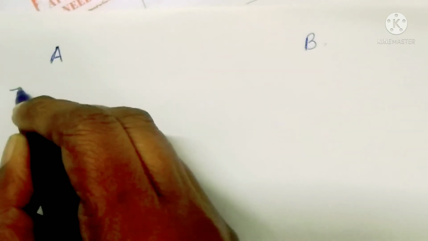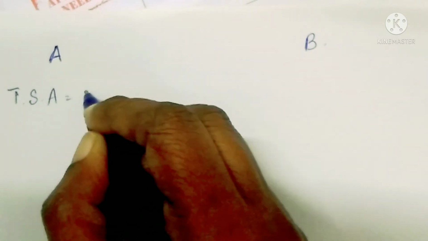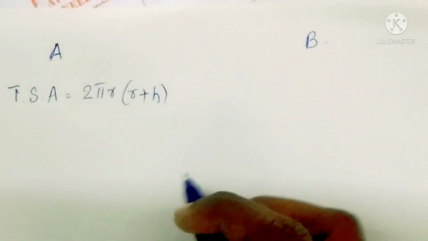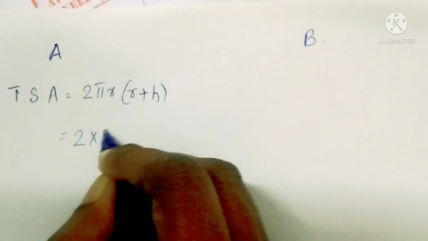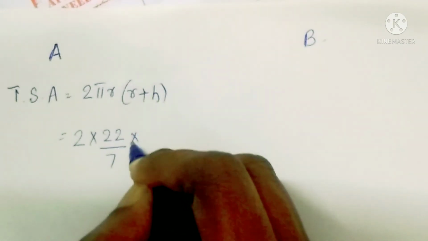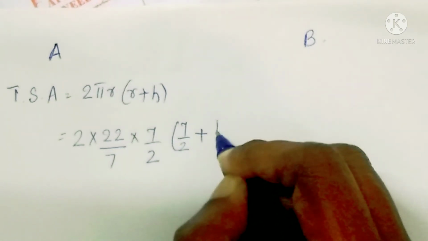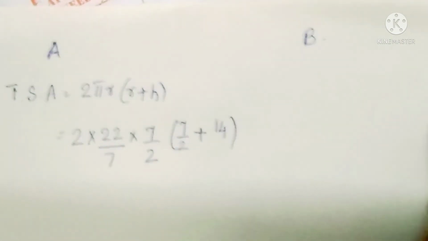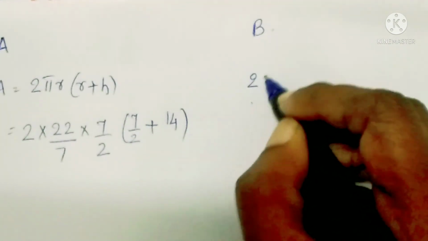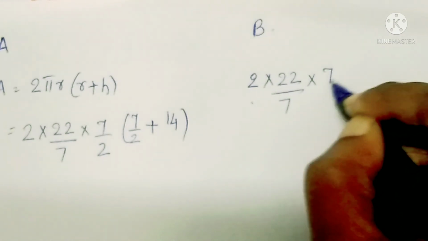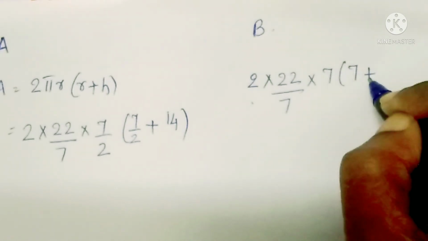Also we have to find the surface area. What is the surface area of a cylinder? Total surface area is equal to 2 pi r into r plus h. Here, 2 into 22 upon 7 into 7 upon 2 into 7 upon 2 plus 14. And here, 2 into 22 upon 7 into 7 into 7 plus 7.